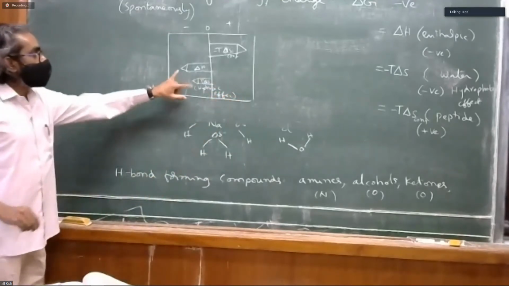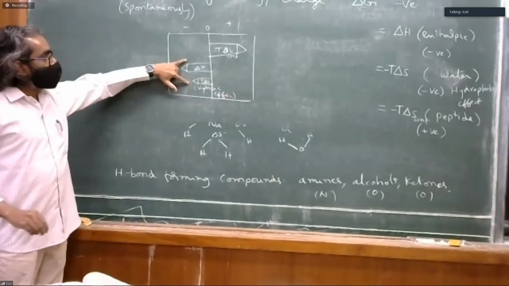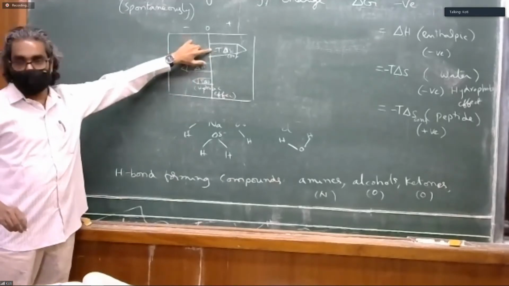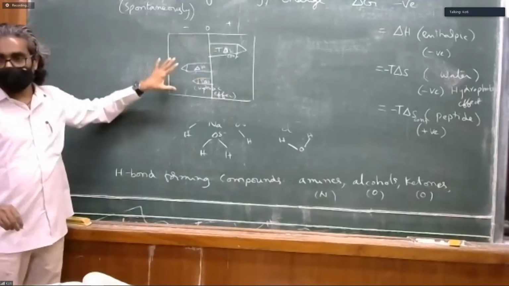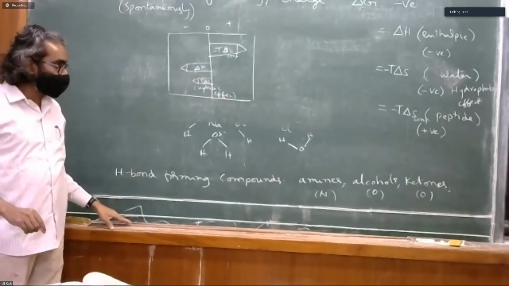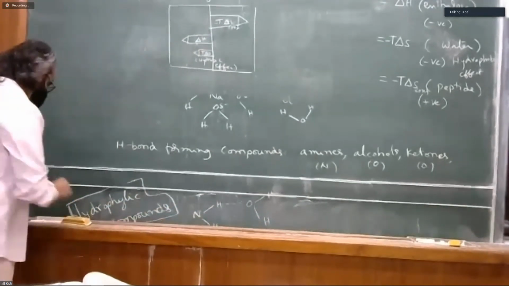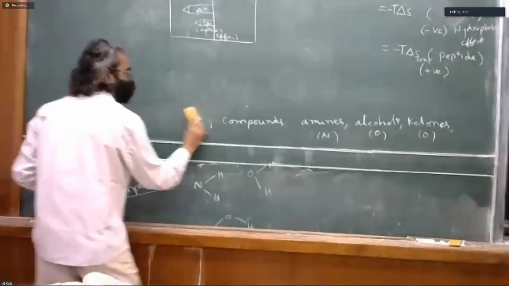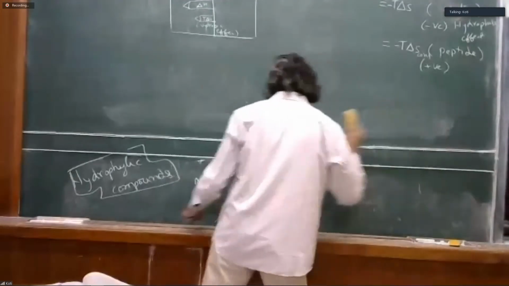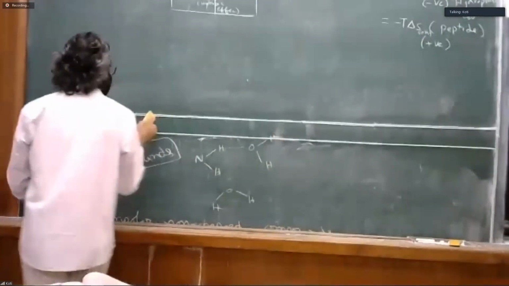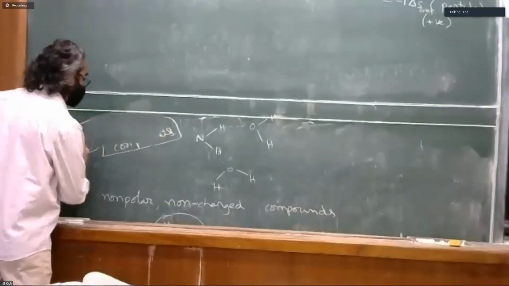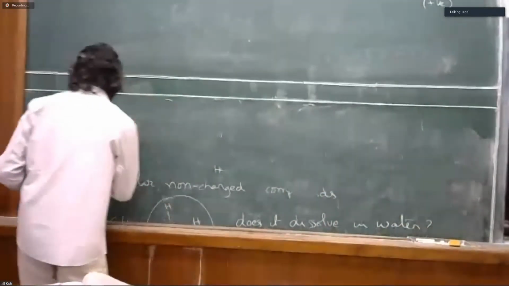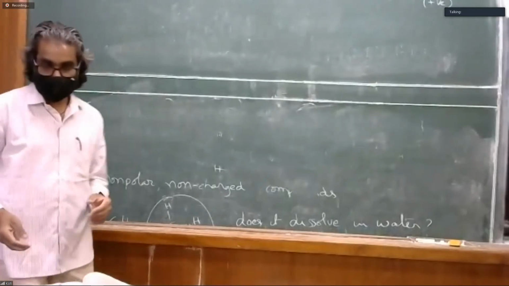These two together, unless they outweigh this, your protein is not going to be folded. So this is basically the essence in terms of energetics. I'll give you a small table and numbers so that you appreciate how individual numbers are so high, yet delta G values are much smaller compared to them.